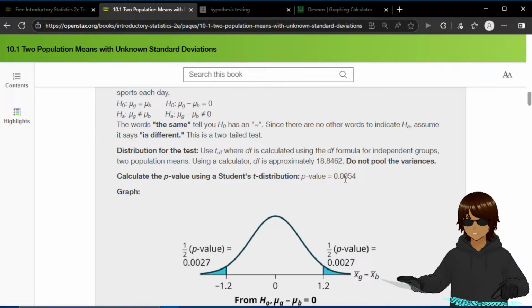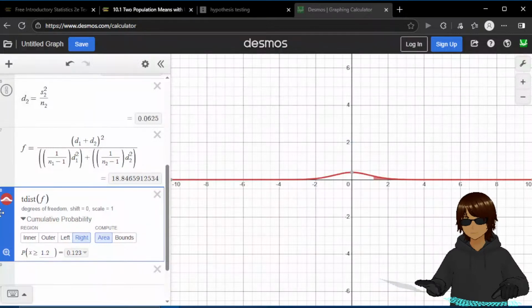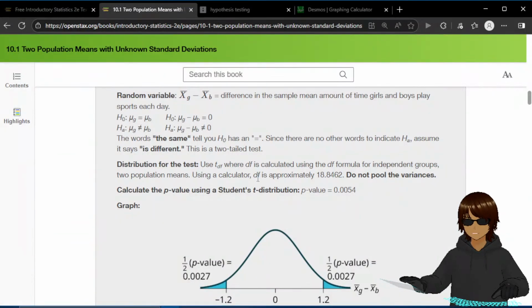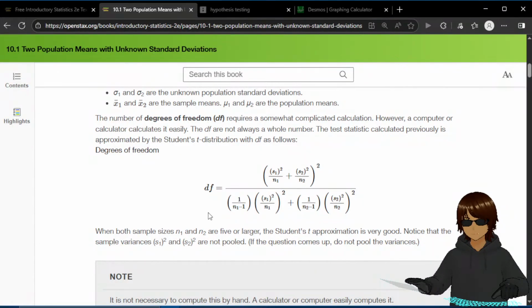The p value is 0.0054. Calculate the p value using students' t distribution. How do they calculate the p value? 18, plug in. So DF, degrees of freedom.